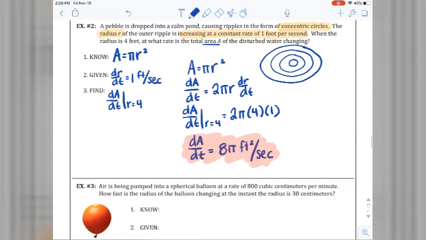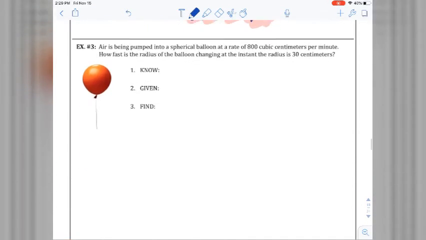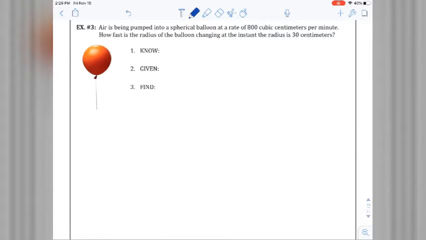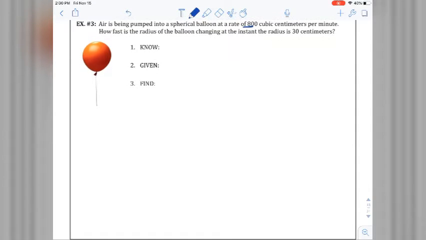All right, let's look at the next one. Air is being pumped into a spherical balloon at a rate of 800 cubic centimeters per minute. So air is going in, and that changes the volume of the balloon. So you're actually given dV/dt, because as the air gets pumped in, that is how the volume is changing.